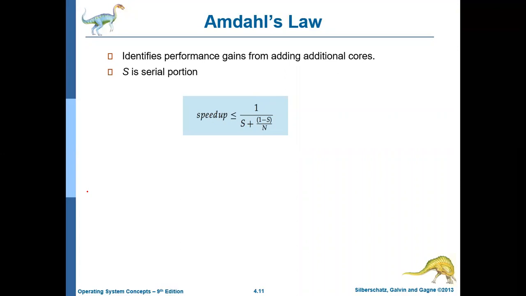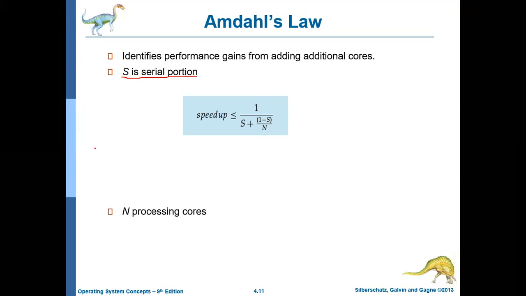Serial portion means these tasks should be executed serially, even though you have a multi-processor system with four or five processors or cores, because these instructions cannot be executed in parallel. How many such instructions are there? That is represented as S. So S represents the percentage of the serial portion of the instructions.